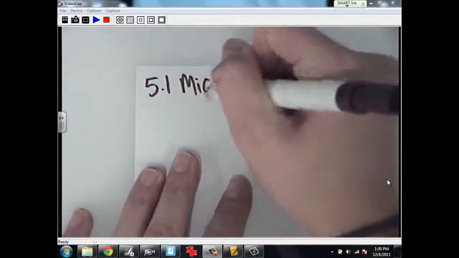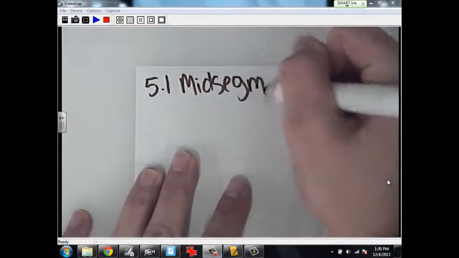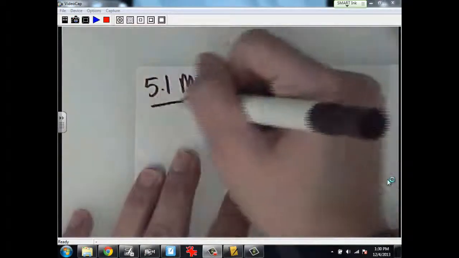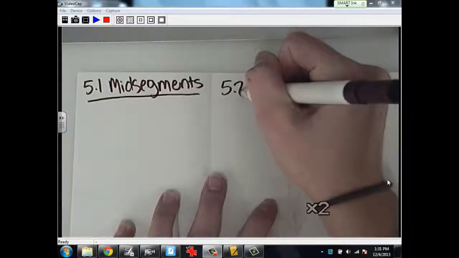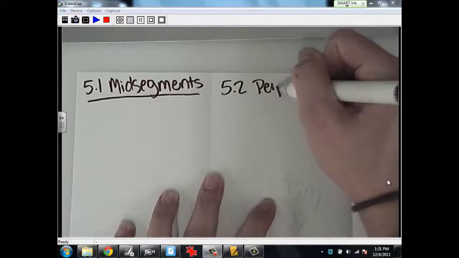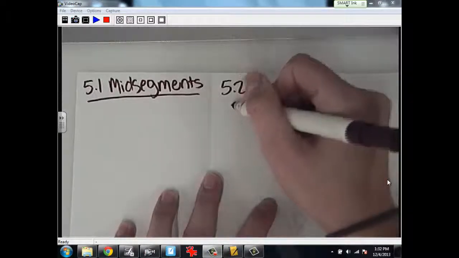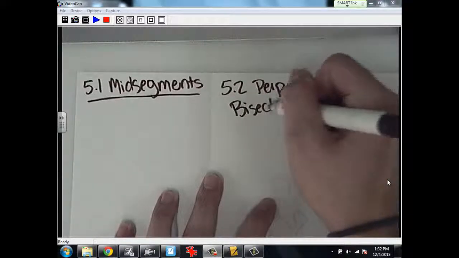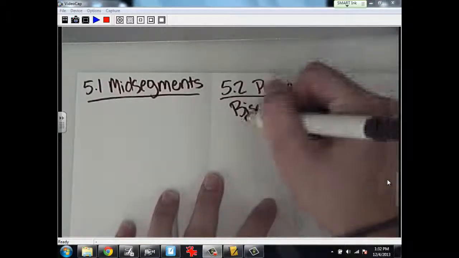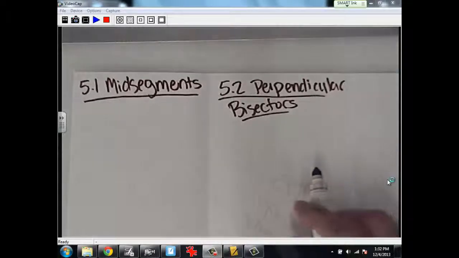5.1, we talk about mid-segments. 5.2, which we'll get to today, is perpendicular bisectors. Perpendicular bisectors.